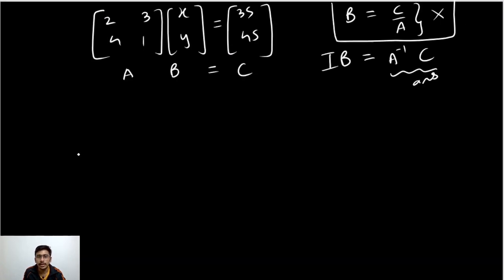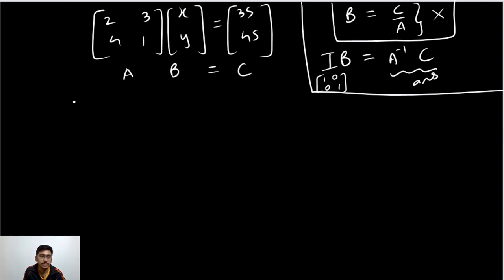So let's try to solve it, and let's try to understand what we are doing here. We only have to do row transformations, we cannot do column transformations here. So somehow we want to make 2 3 4 1 into the I matrix, which is nothing but 1 0 0 1. We want to somehow transform this matrix into this matrix. How can we do it? Well, first of all, let's try to make the second row's first element 0.